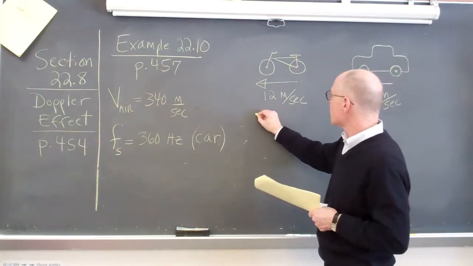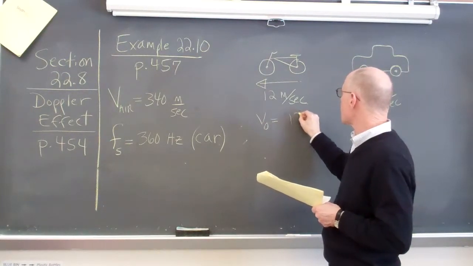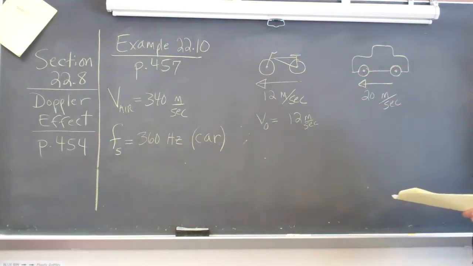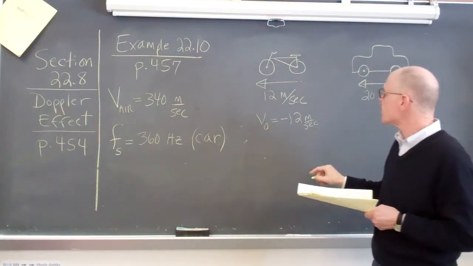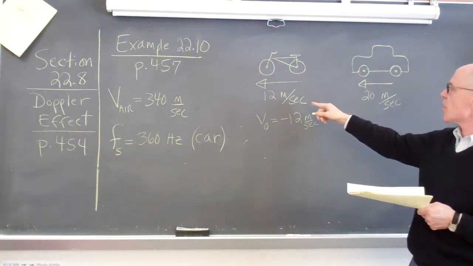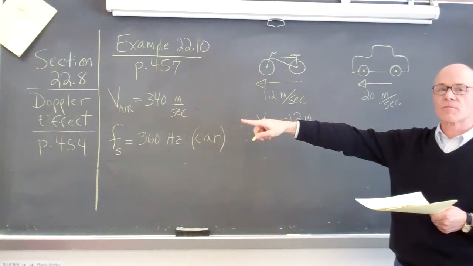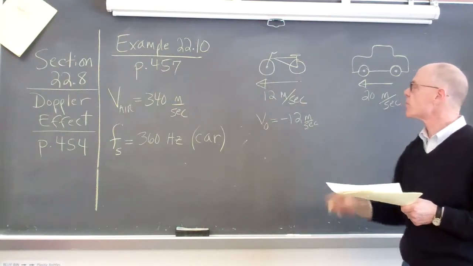So in this case, the speed of the observer is 12 meters per second. And do we assign it a positive or a negative value? In this case, we're going to assign it a negative value because the observer on the bicycle is trying to move away from the car. So it's not intentionally approaching, it's moving away.